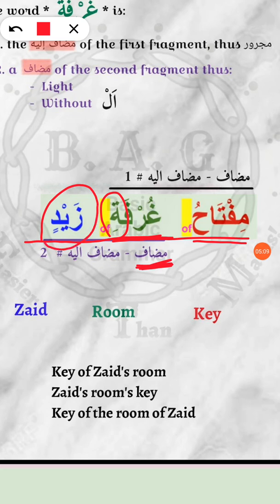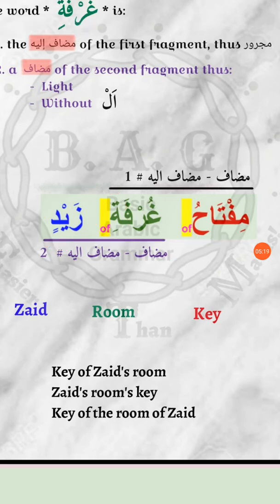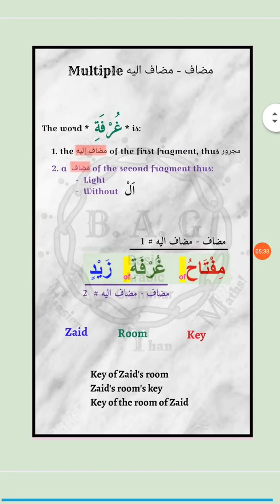As a result, this word Ghurfati has to be light and without al. And of course you can see the invisible ofs over here. So key of room of Zaid. This is how the complex Muzaff Ilaih fragments are formed. One fragment's Muzaff Ilaih becomes the Muzaff of the next fragment. Okay, that's what happens. Let's see what I've written here.